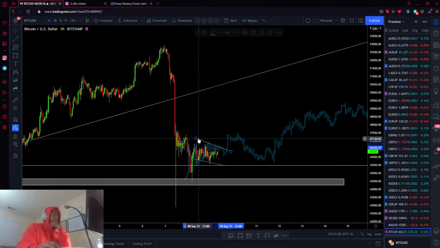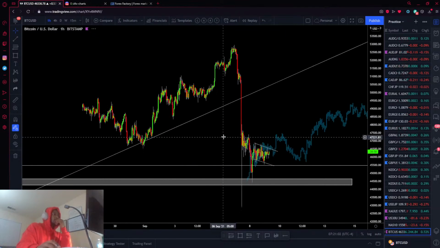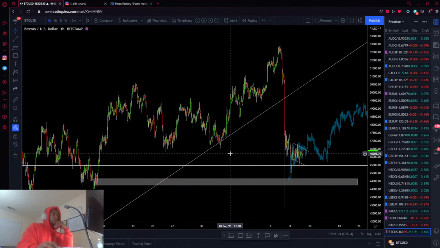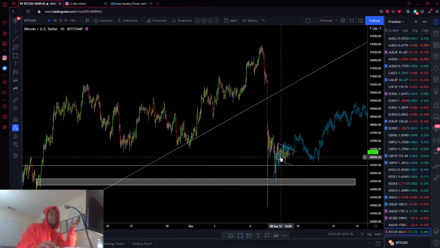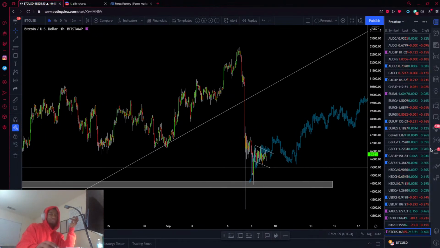That's pretty simple here. We can just stick that on the 1 hour. If we don't buy from that level, looking for a descending channel to extend a little bit further, and then looking for a buy from that point.